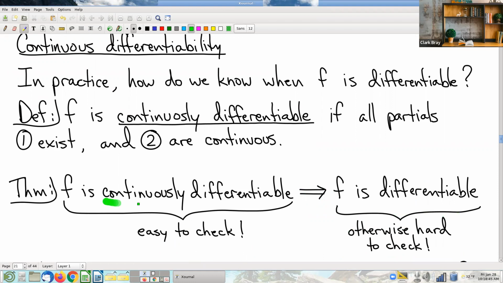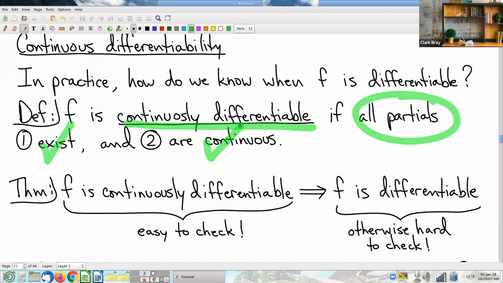So what is this continuous differentiability, and how can I identify it? Real simple definition: a function is continuously differentiable based on looking at its partial derivatives. You have to look at all the partial derivatives and then just check that they exist, and that they're continuous.